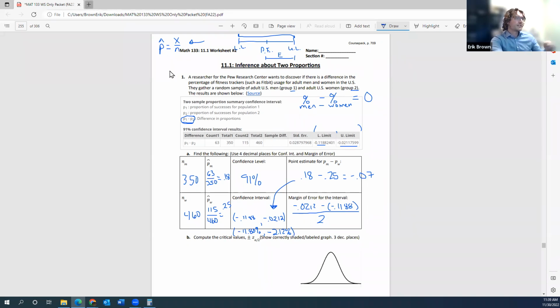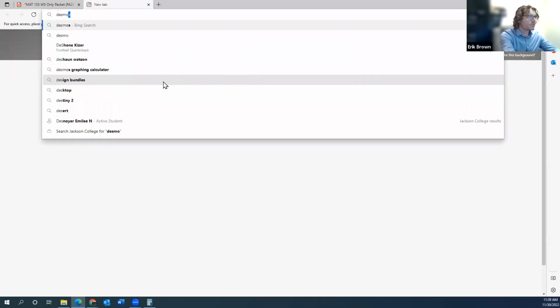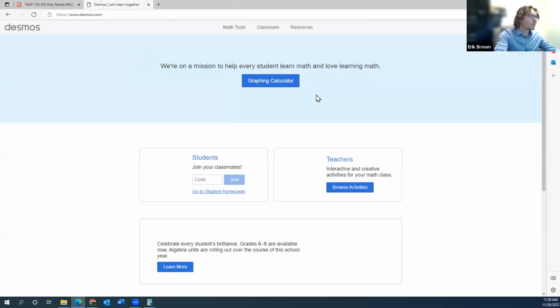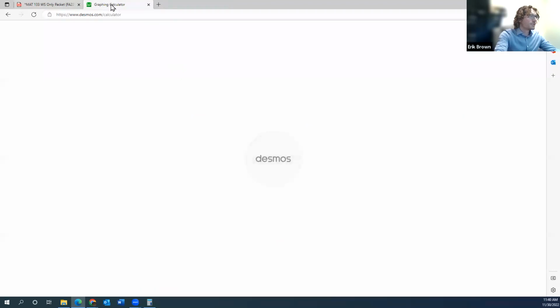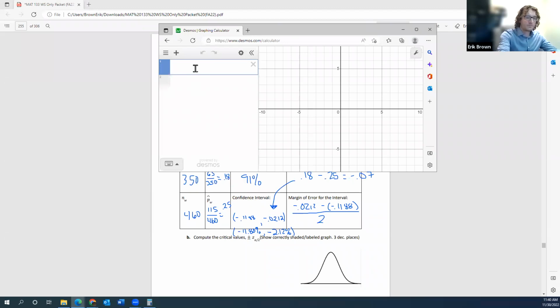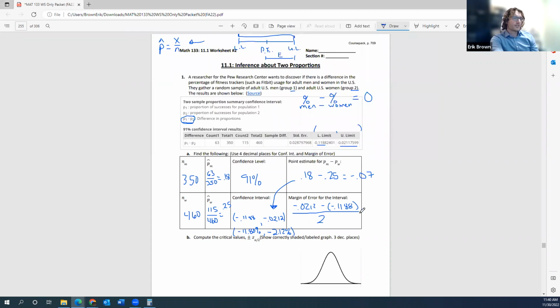This is a good one to do in Desmos, especially with those negative numbers that can mess people up, unless you're good with minus and minus is plus. This is our margin, 0.4. Always a positive number, by the way.